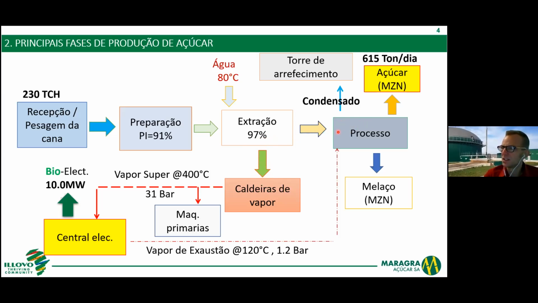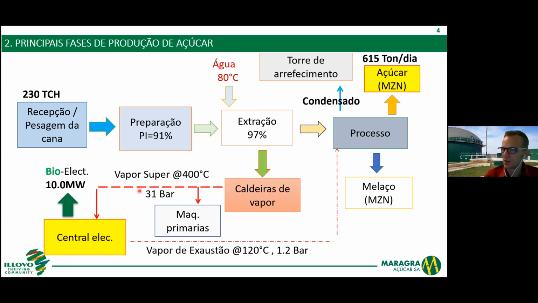On the other hand, the cane juice, which then goes to the sugar extraction process, using sugar and molasses. On the other hand, the bagasse goes to the boilers, steam boilers, which produce steam used by the primary machinery, and that is, I believe, mainly for the pressing equipment.